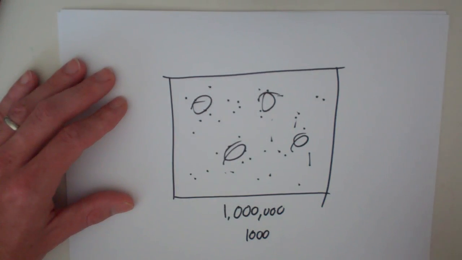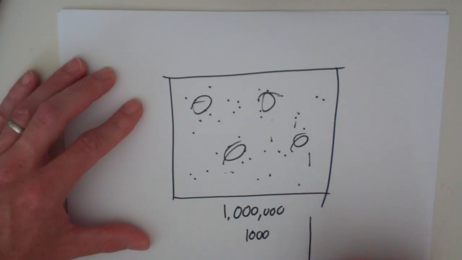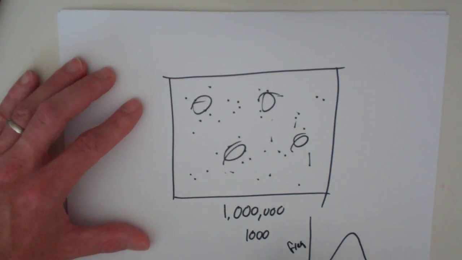So you only sampled 1/1000th of the population, but what you're assuming is that this distribution, and we're just going to say you measured the size of 1,000 trees, what you're going to assume is that this distribution of tree size, whatever that is, and this is frequency, is an approximation. This is 1,000 trees, is an approximation of this actual distribution.